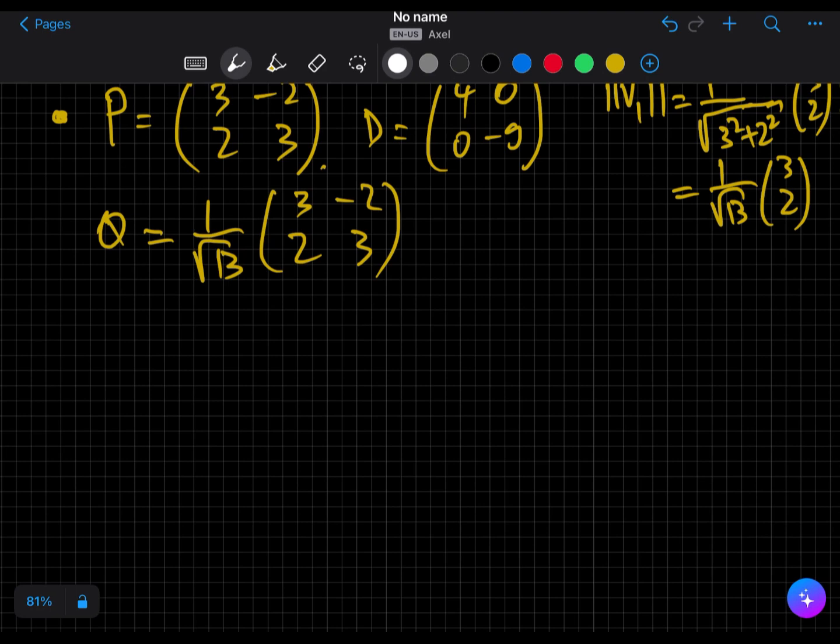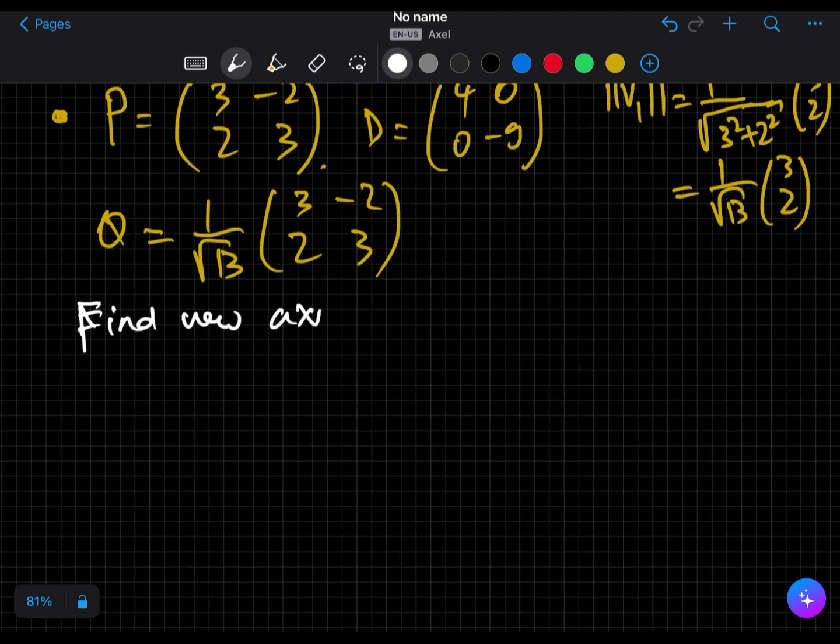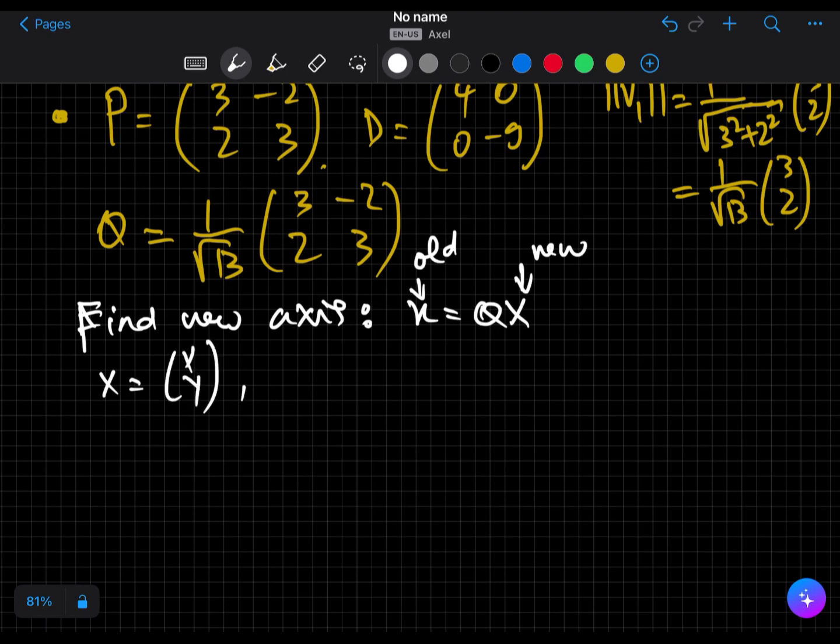Now what we do is find new axes. To introduce new axes, we let x equals Q times capital X. So this is the old axis, and this is the new axis. Therefore, we will have that x equals (x, y), and then x transpose is (x y) this way.